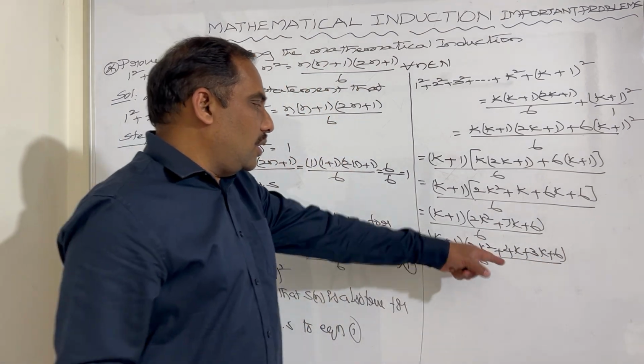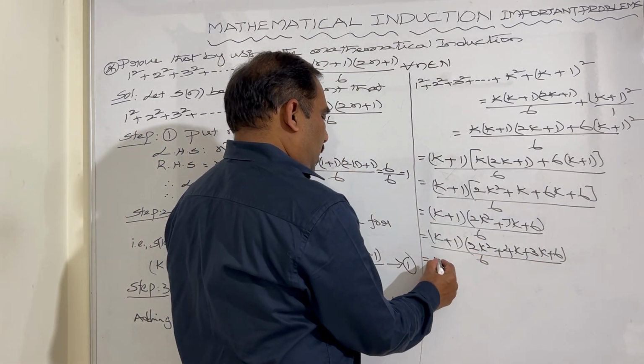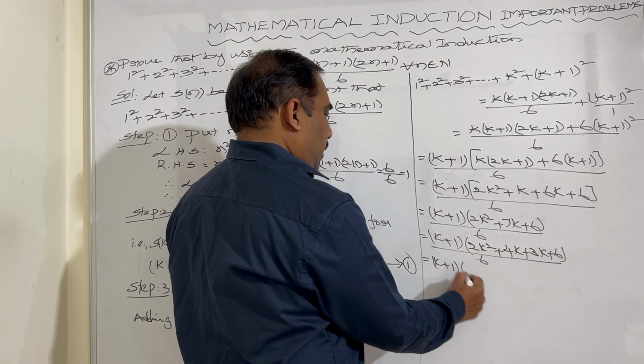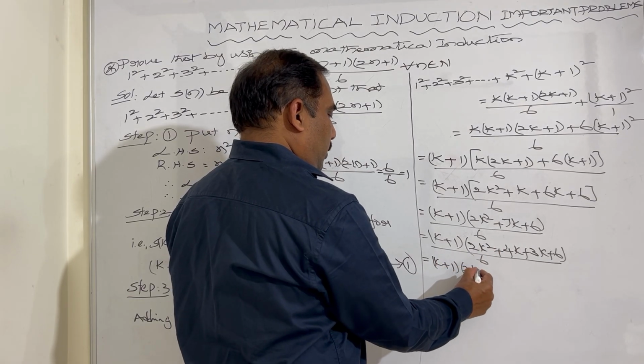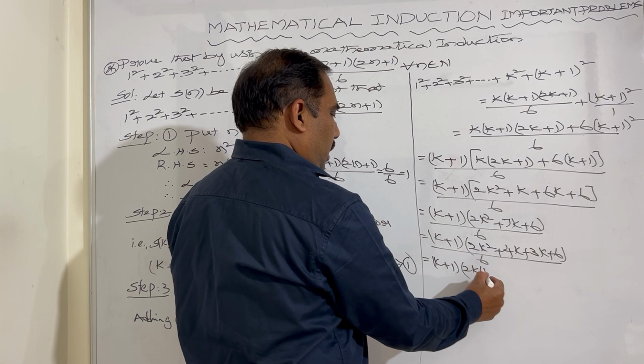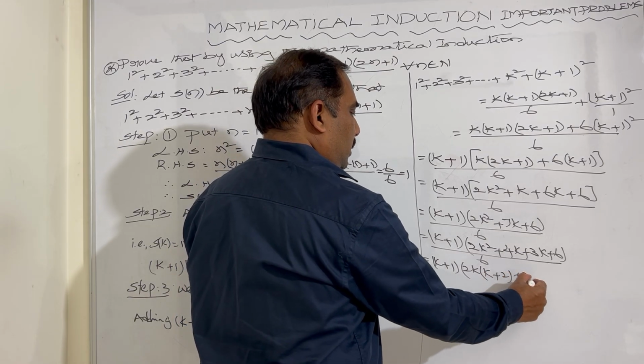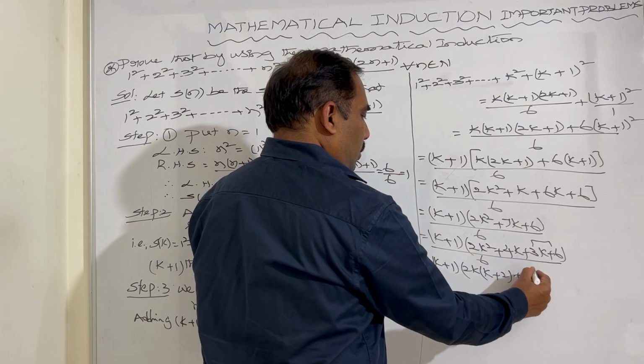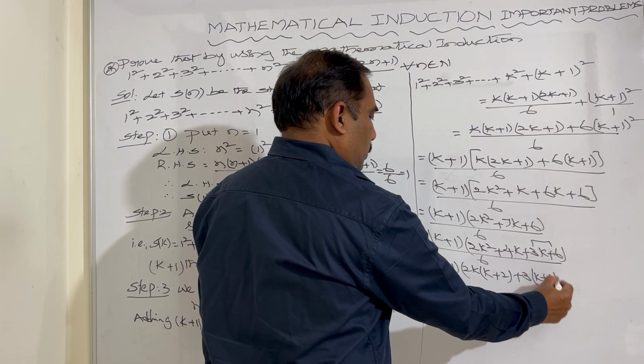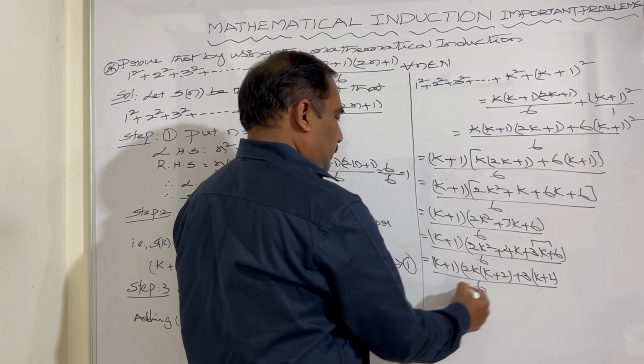When you take 2k common, we get k plus 2 here, and when you take 3 common from these 2, we get 3 into k plus 2, whole divided by 6.